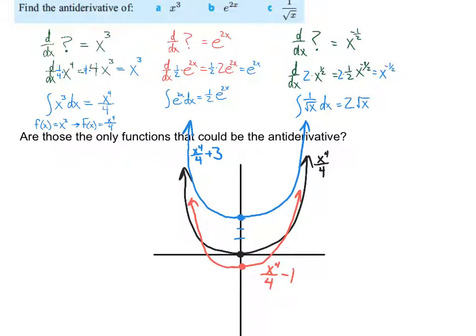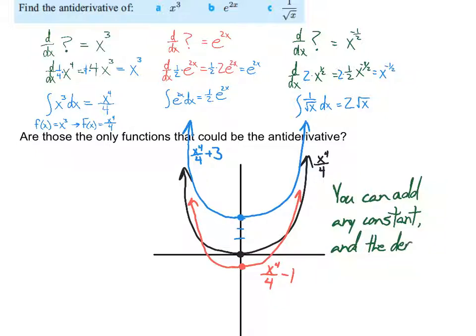Therefore, if you add any constant, the derivative stays the same. Now what that means here, guys, is that a function will have more than one antiderivative.